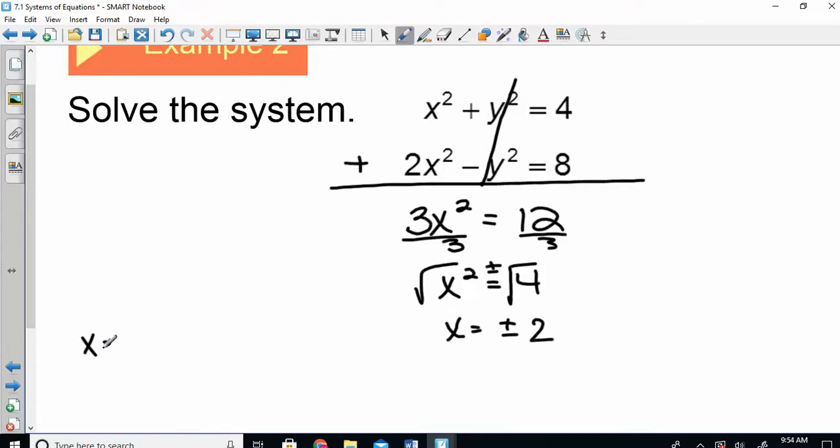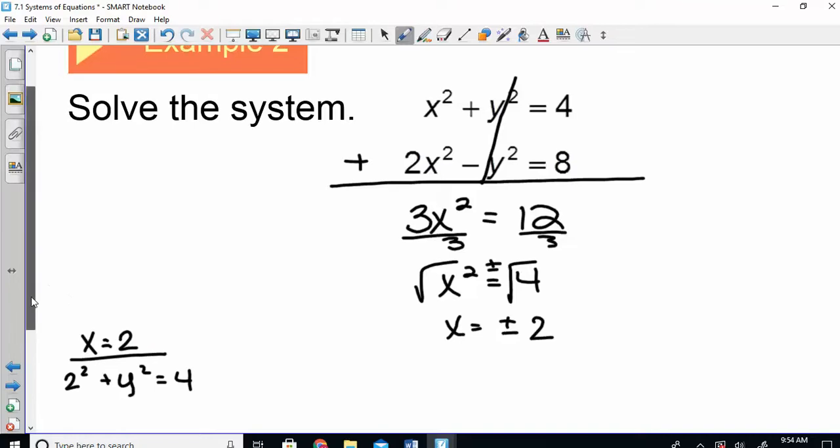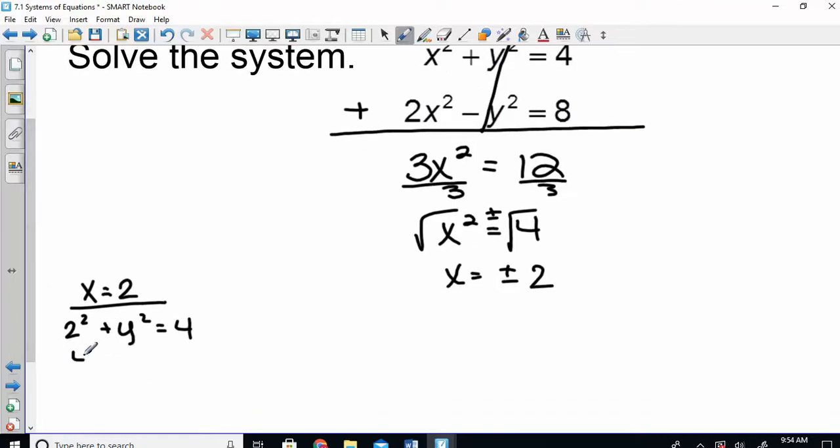Alright, so now we have to find y. So if x equals 2, if I plug that back in to one of the equations, I get 2 squared plus y squared equals 4. If I subtract over my 4, I get y squared equals 0. Square root of 0 is just 0.